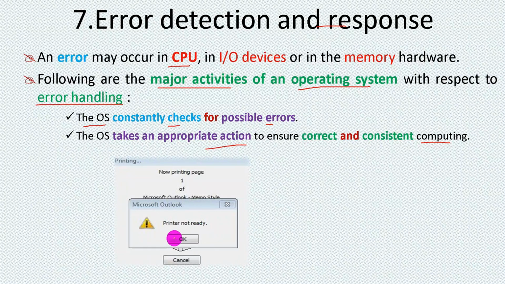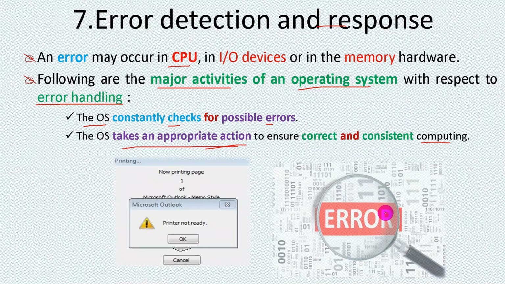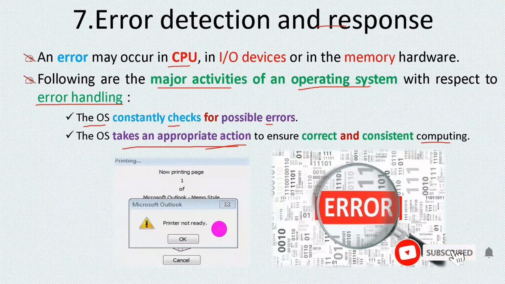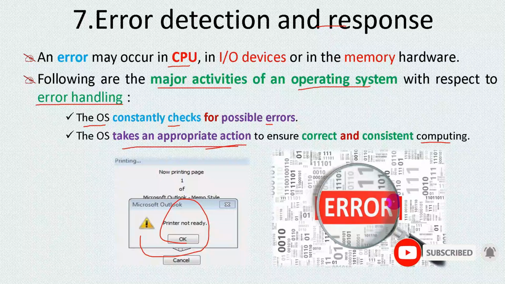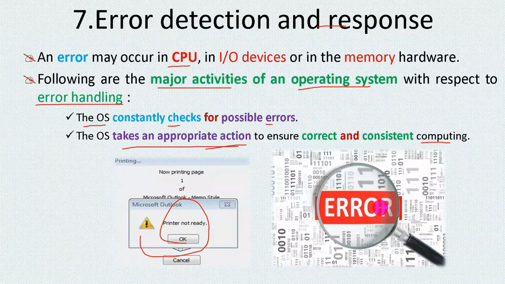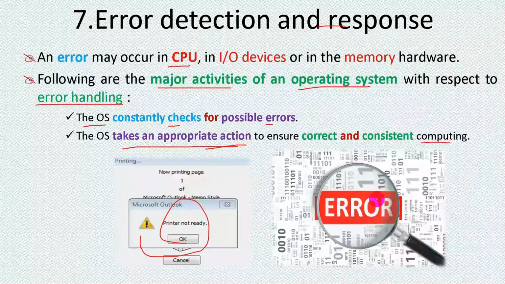So the operating system constantly checks whether the hardware failed or the driver failed, what the basic cause is why this printer is not working, and it takes appropriate action accordingly. This is the service or task of the operating system.